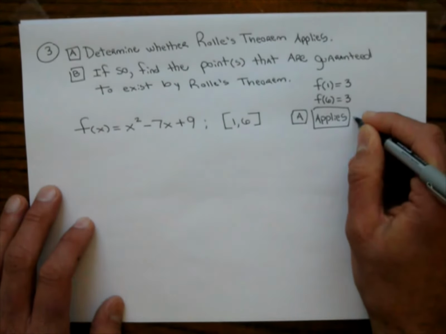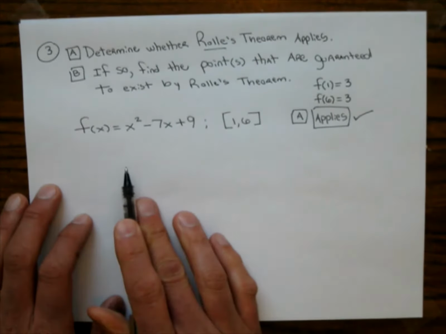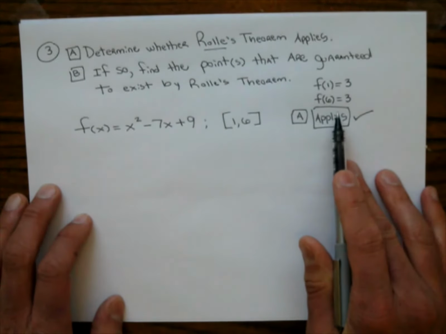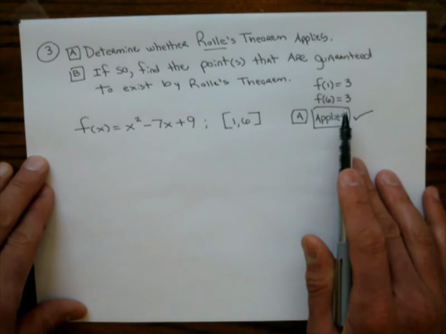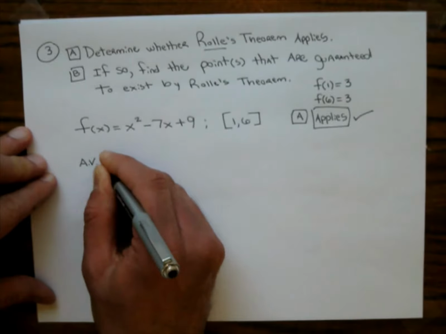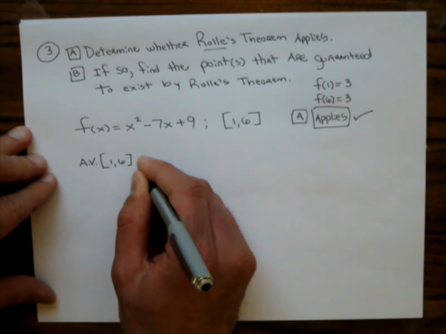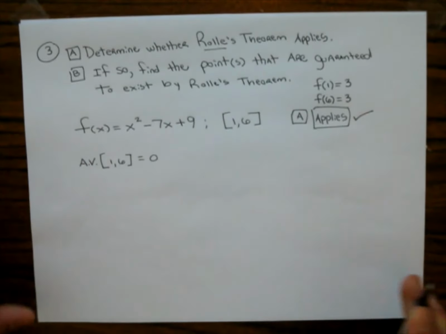So yeah, now we can say that it applies, because we're doing Rolle's theorem here. So f of 1 equals f of 6. If you're going to find the average velocity from 1 to 6, the average velocity would be 0 feet per second.